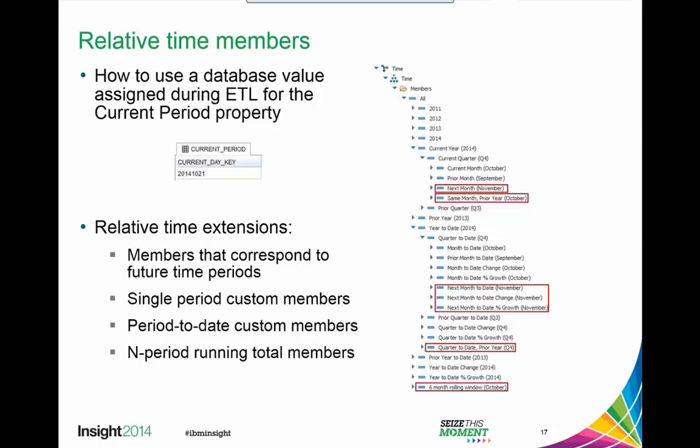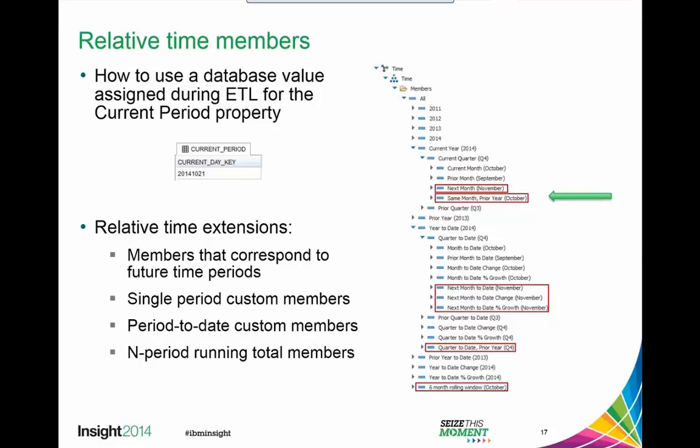But new in 10.2.1 Fix Pack 3, we've added a bunch of extensions to the relative time functionality, including support for members that correspond to future time periods. Here you can see them, identify them in the tree. So, next month to date, next whatever, things, future periods.